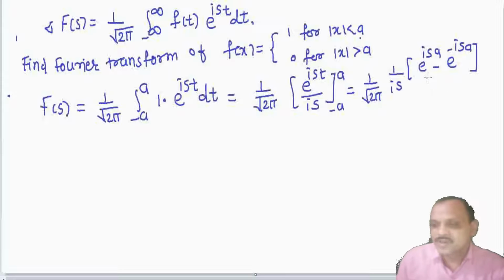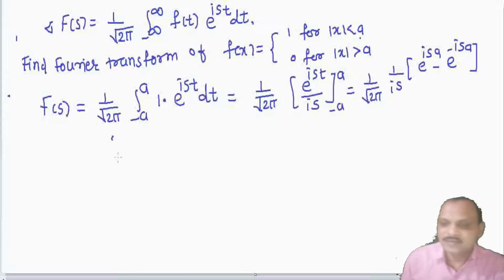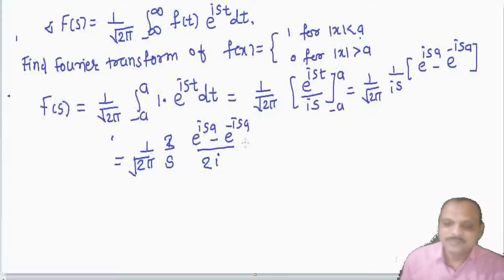Now here we write it as equal to under root of 1 divided by 2 pi, 2 divided by s, into e raised to i s a minus e raised to minus i s a divided by 2 i.